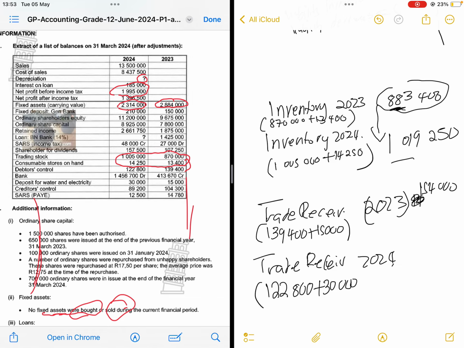You add 30,000 there, you'll get 152,800. Look what is happening with the receivable. It went down from 2023 to 2024. It went down from 154,400 to 152,800.